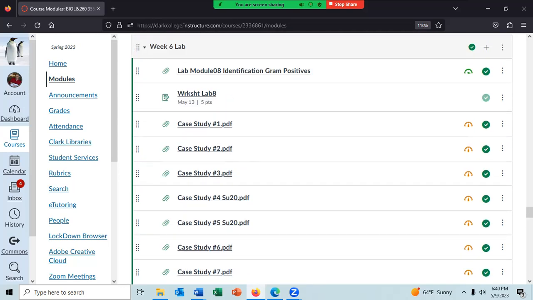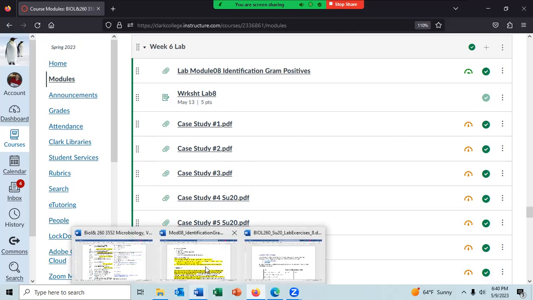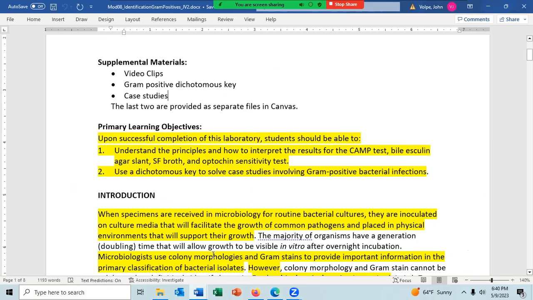All right, let's go through the lab module. Upon successful completion of this lab, you should be able to understand the principles and how to interpret the results of the following tests: the CAMP test, the BIOL260 Agar slant test, the SF broth test, and the Optogen sensitivity test.